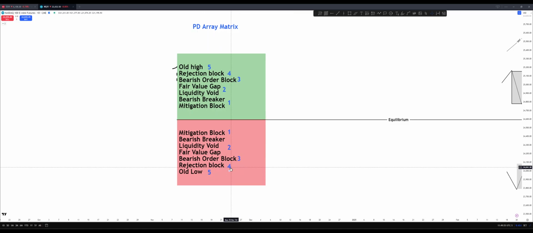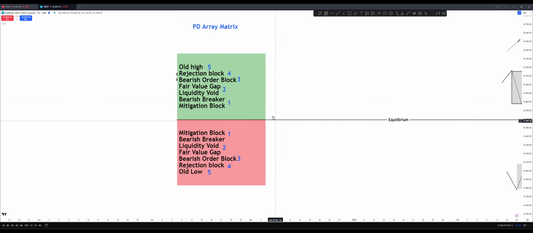I don't have any interest in the rejection block unless it's an SMT. So my focus will be on the mitigation block and the bearish breaker and fair value gap. If these two align with each other, they're perfect. All right, this is very strong, the best PD arrays you can get right there.